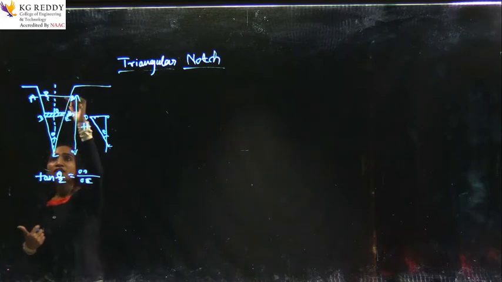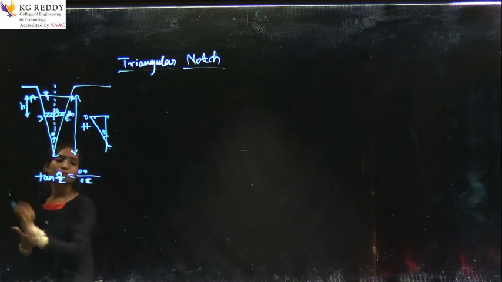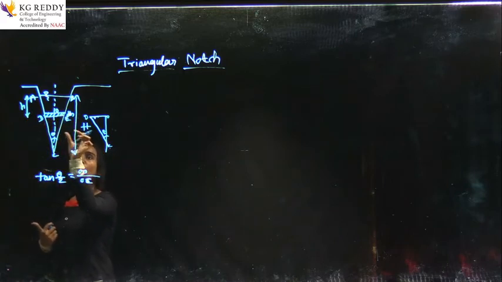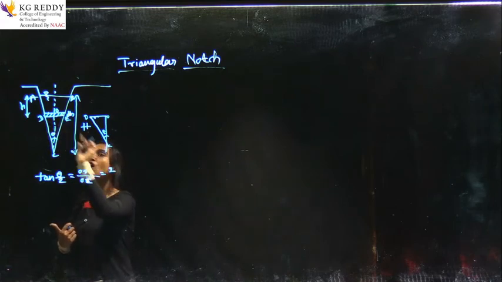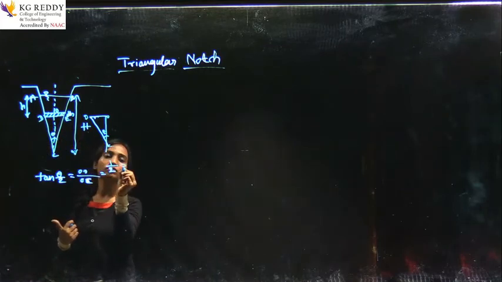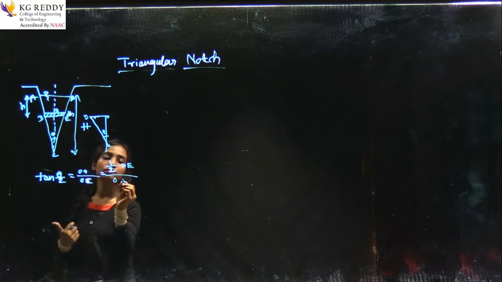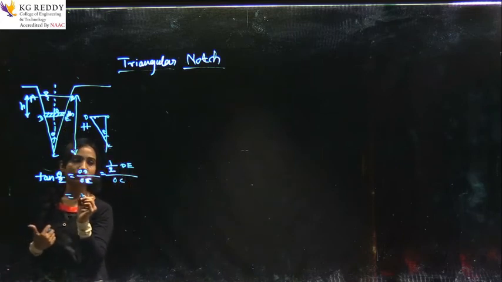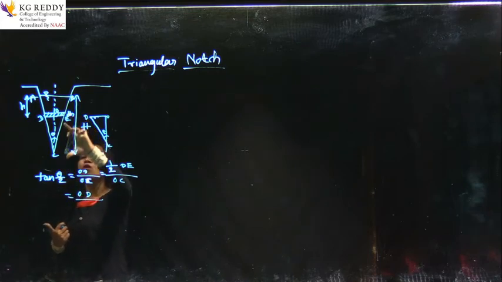The water above the strip is the small h. Now OD is 1 by 2 times of DE, and I will keep OD as it is. So what is OC?